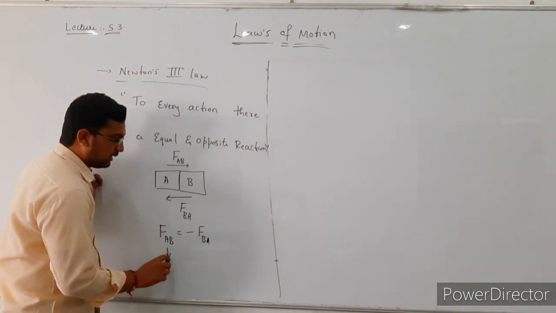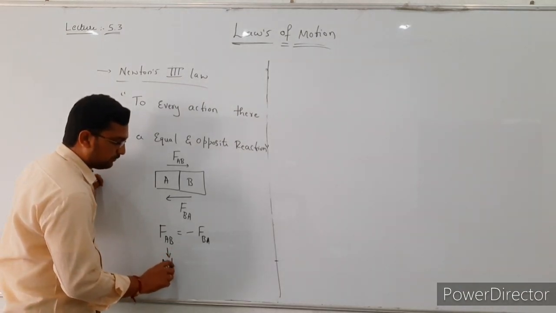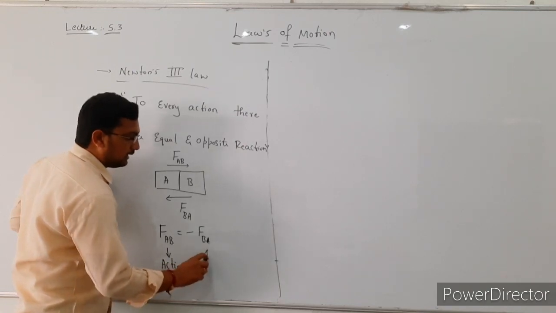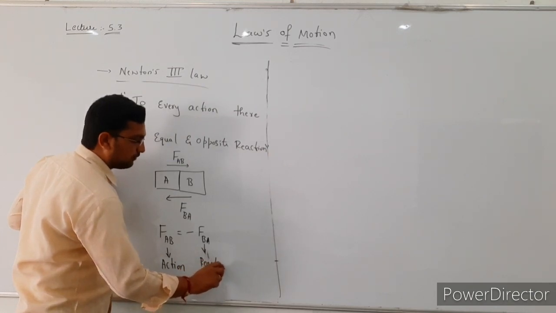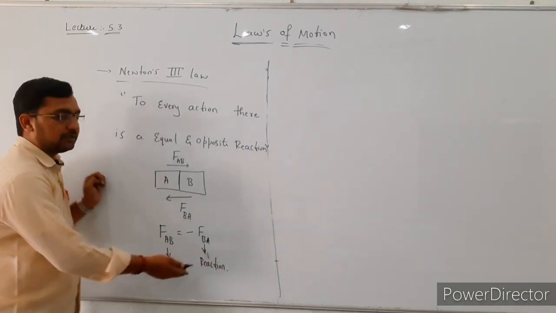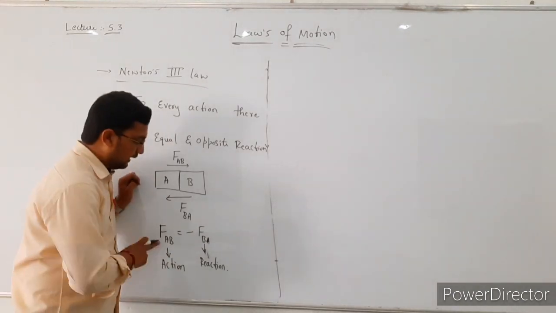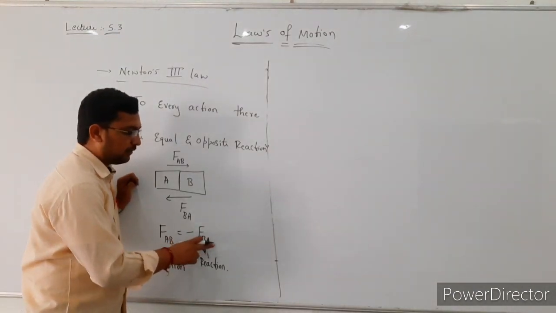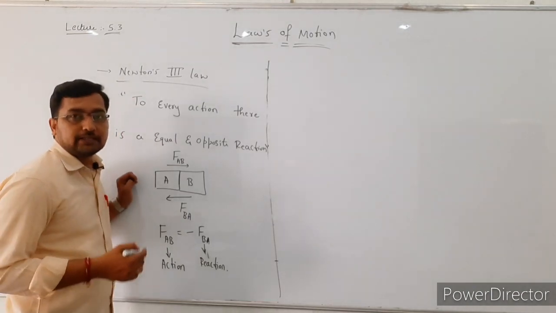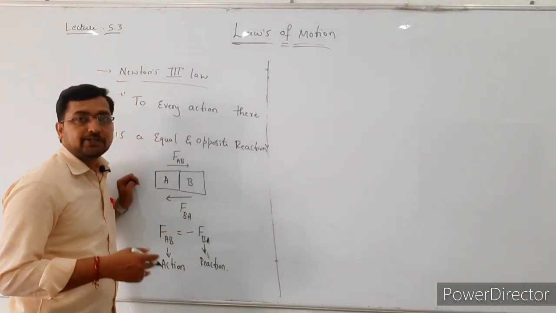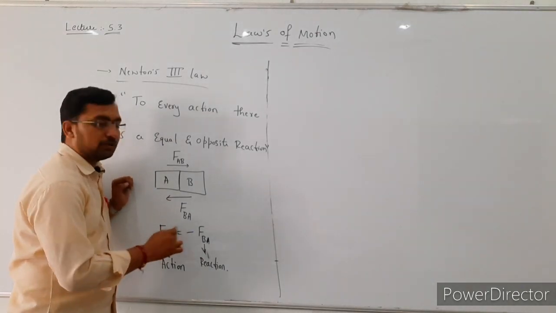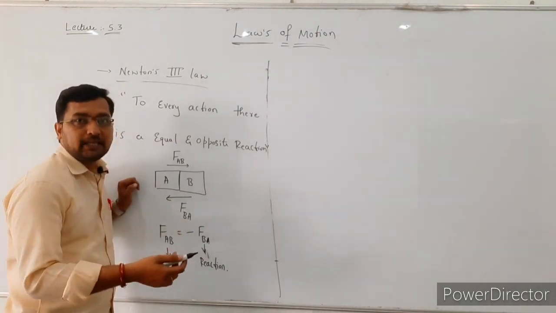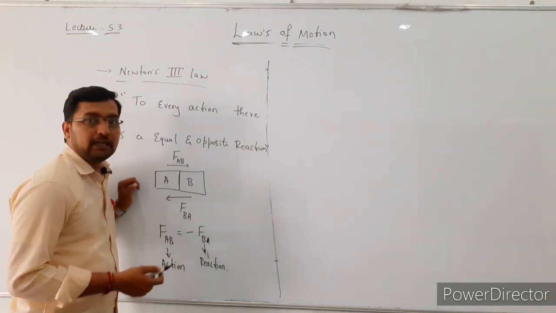In this case this force is known as the action and this force is known as the reaction. So this is the action force and this is the reaction force. Here F of AB is the action and F of BA is the reaction. So force always occurs in a pair, that is the action and reaction pair. The magnitude of both forces is the same but they are opposite in direction.